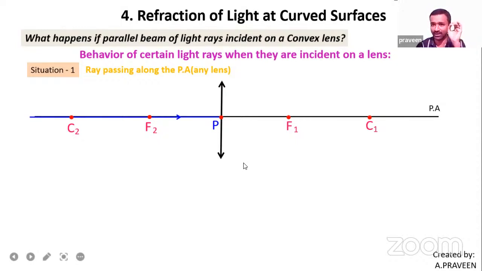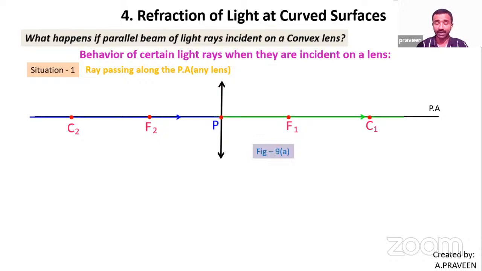When you make a light ray incident normally on any surface, there is no deviation after refraction. It goes straight and does not bend. So we can trace the light ray after refraction without any deviation, as you see here, the green colored light ray. This is given in your textbook as figure number 9A.